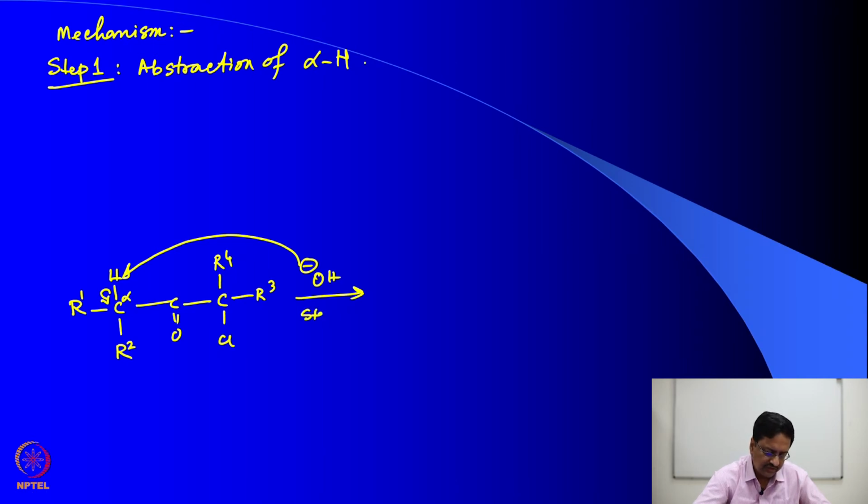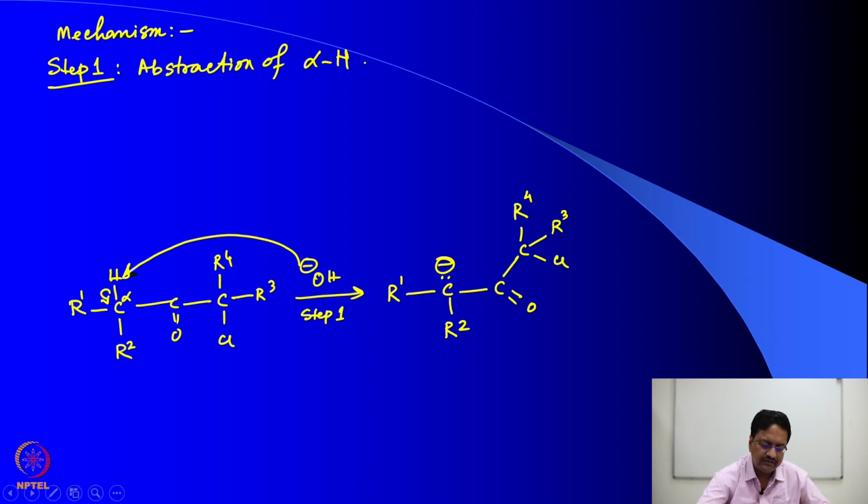So, this is step 1. We get the corresponding anion. I am writing the product in a different way, so that we can do the next step quite easily.